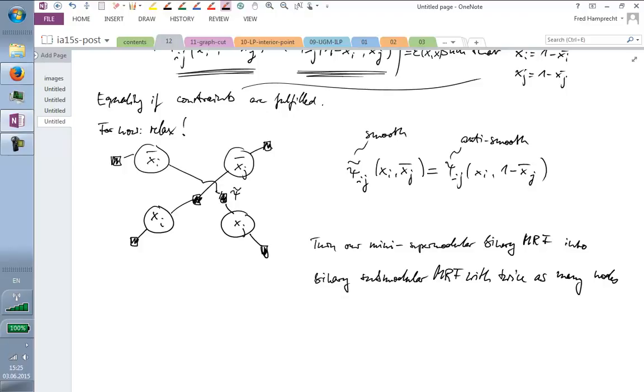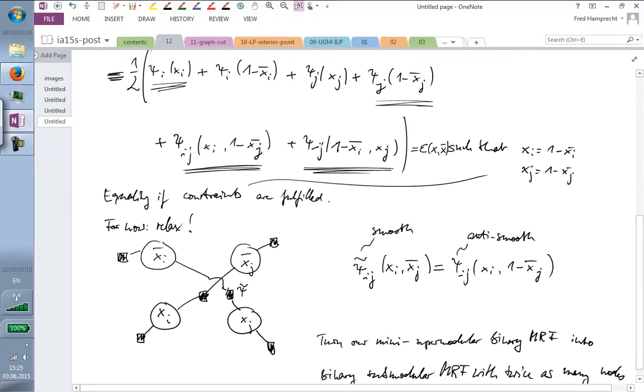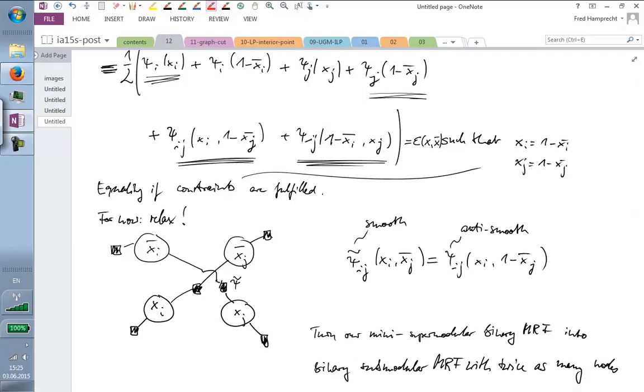Now, if I solve this new problem to optimality, will I be guaranteed to have the optimal solution of the original problem? This is a trick question. The answer is no. And the reason is that we have relaxed a crucial constraint.